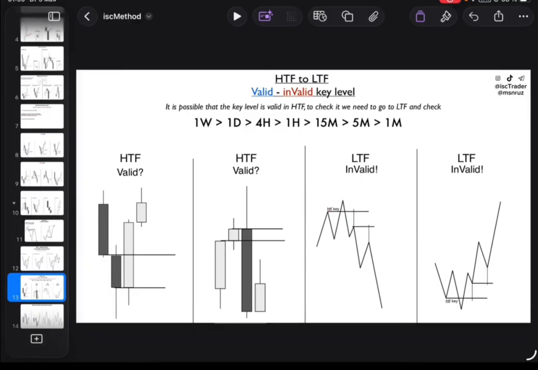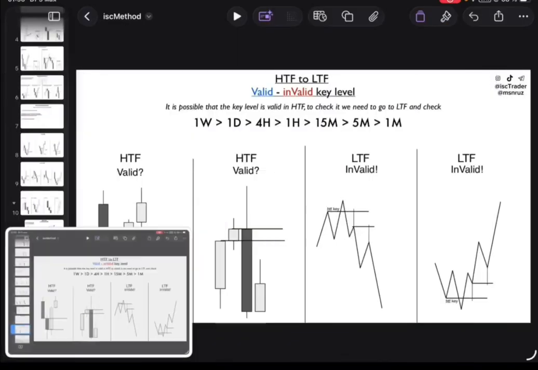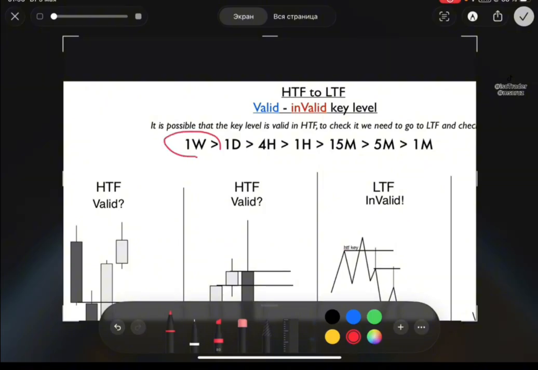To do this, we need to identify the key level from the high time frame, switch to the low time frame, and check if it's valid or invalid. Alright then. 1 week, if we find a 1 week key level, we switch to the 1 day.